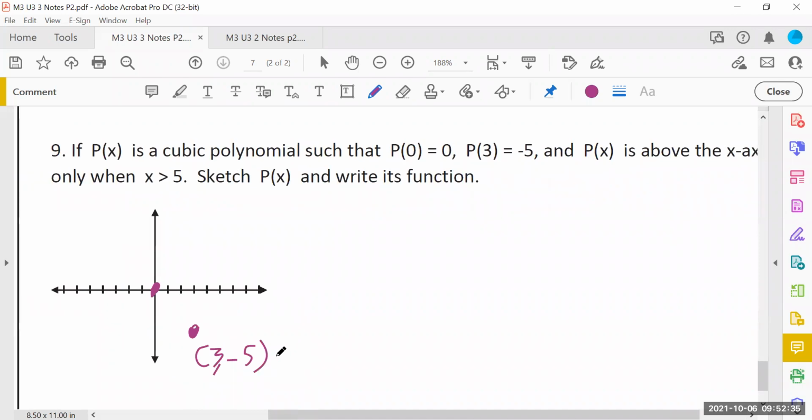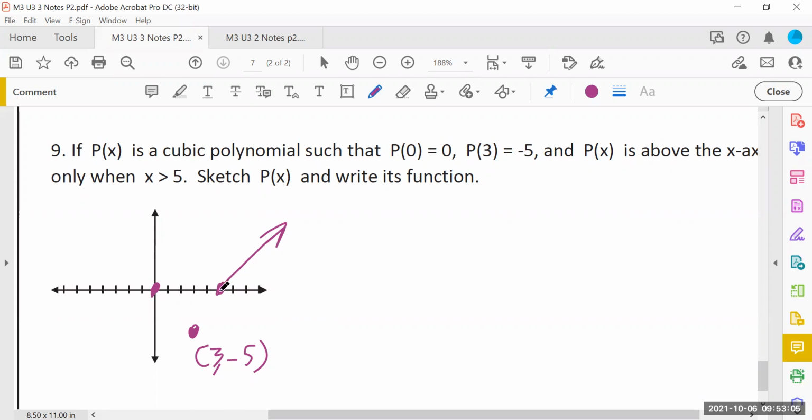And it says P of x is above the x-axis only when x is greater than 5. So 1, 2, 3, 4, 5. So it says everywhere beyond 5, x is greater than 5. That's where my graph is above the x-axis. So how can I draw this in so all the rest of my graph is below the x-axis?